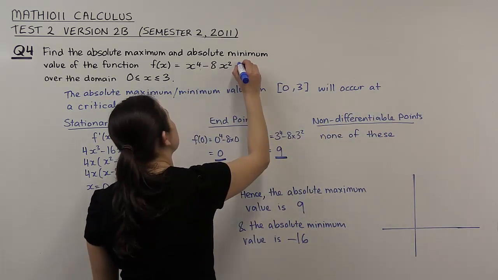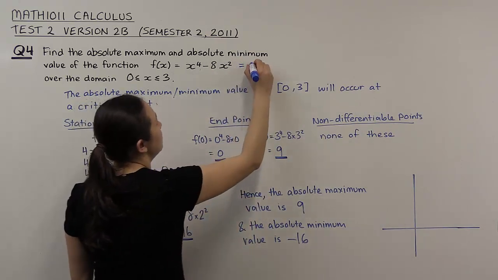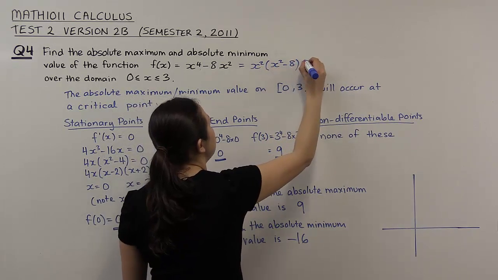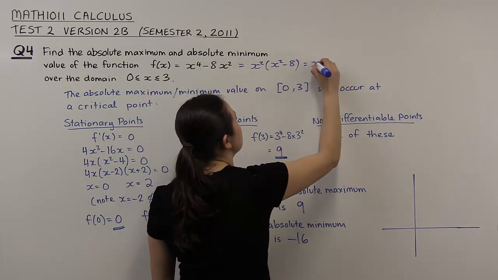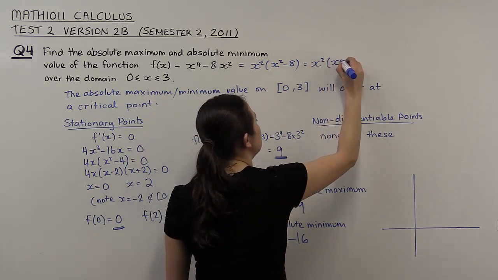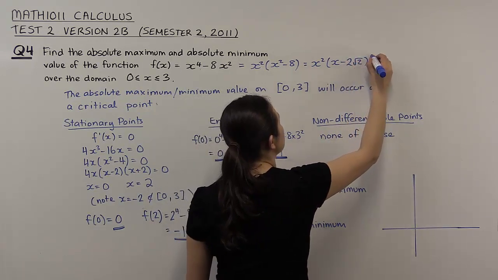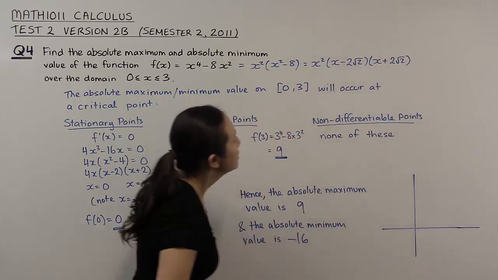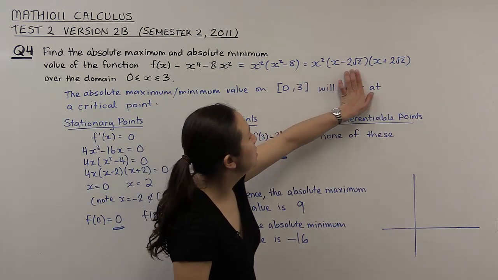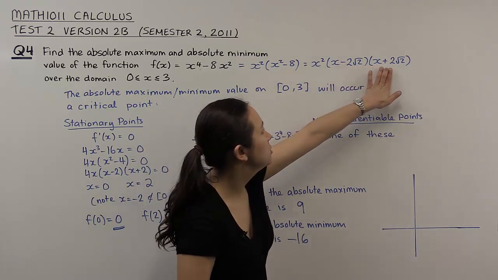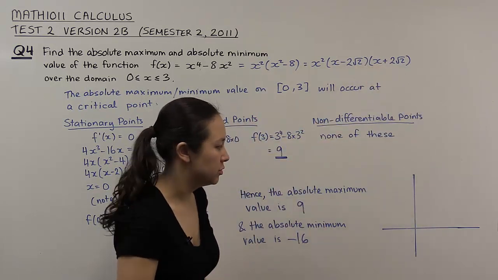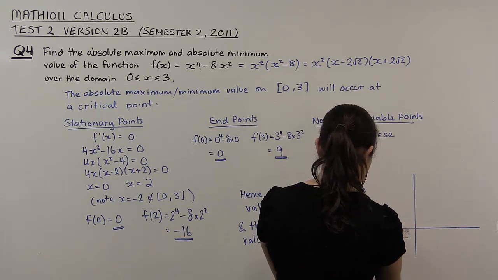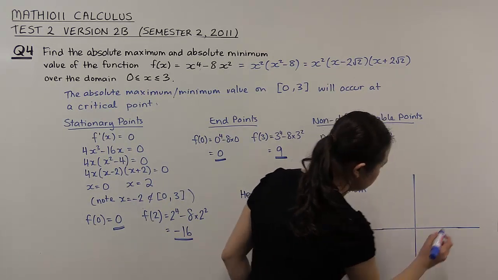So x to the 4 minus 8x squared, I can factorize that. x squared comes out. x squared minus 8 is left behind, and then we can further factorize that into x minus 2 root 2 and x plus 2 root 2. So there's a double root at 0 and single roots at 2 root 2 and minus 2 root 2. So this graph actually looks something like this.